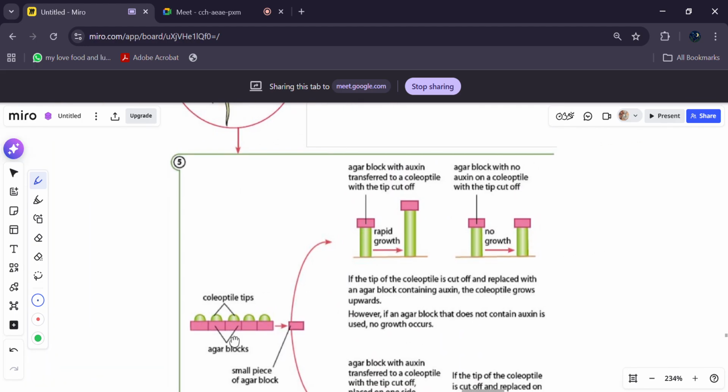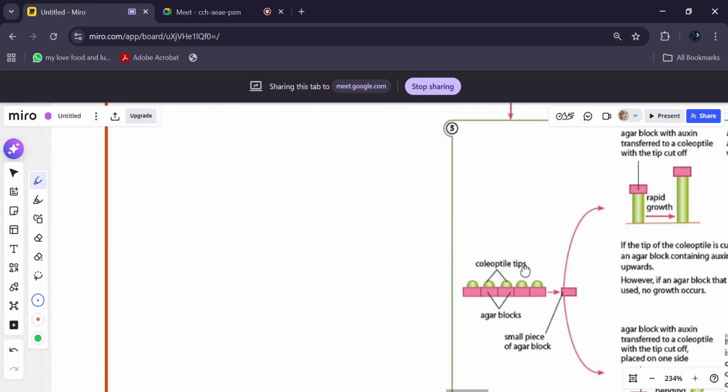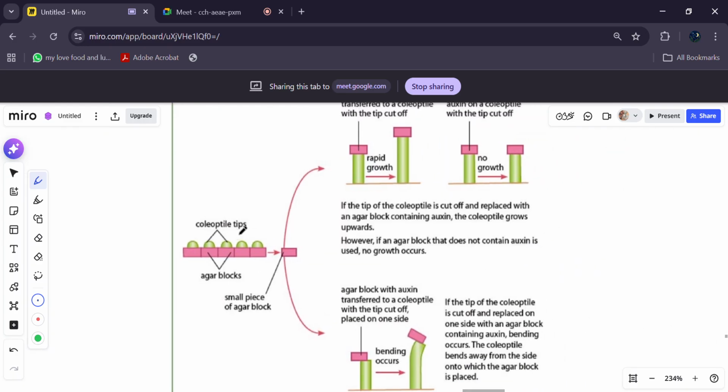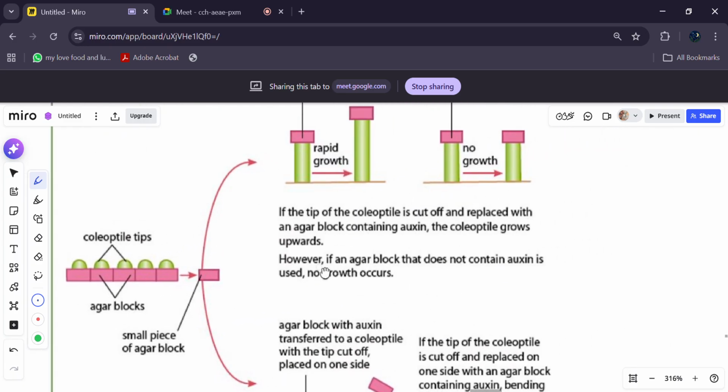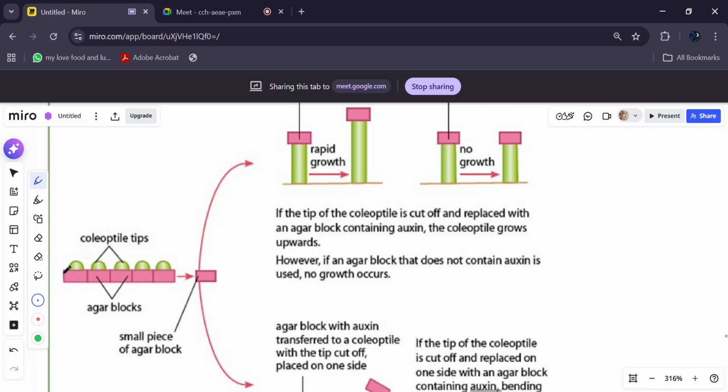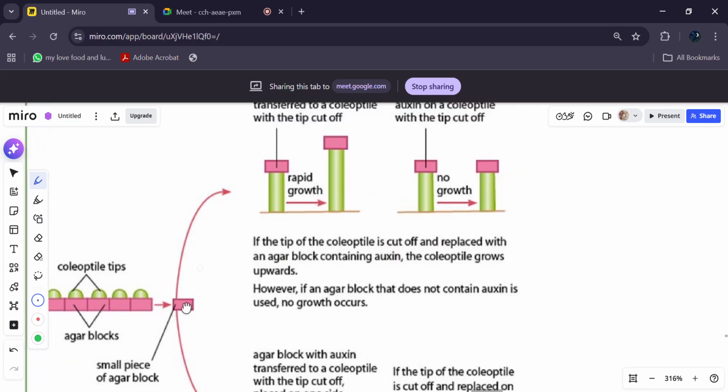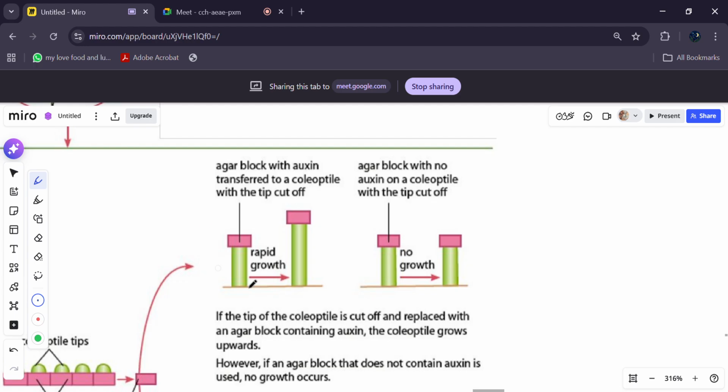And here they explain more of the growth of a coleoptile with agar blocks. Agar blocks block the auxin transfer to the coleoptiles with the tip cut off. Agar blocks with no auxin on a coleoptile with the tip cut off.